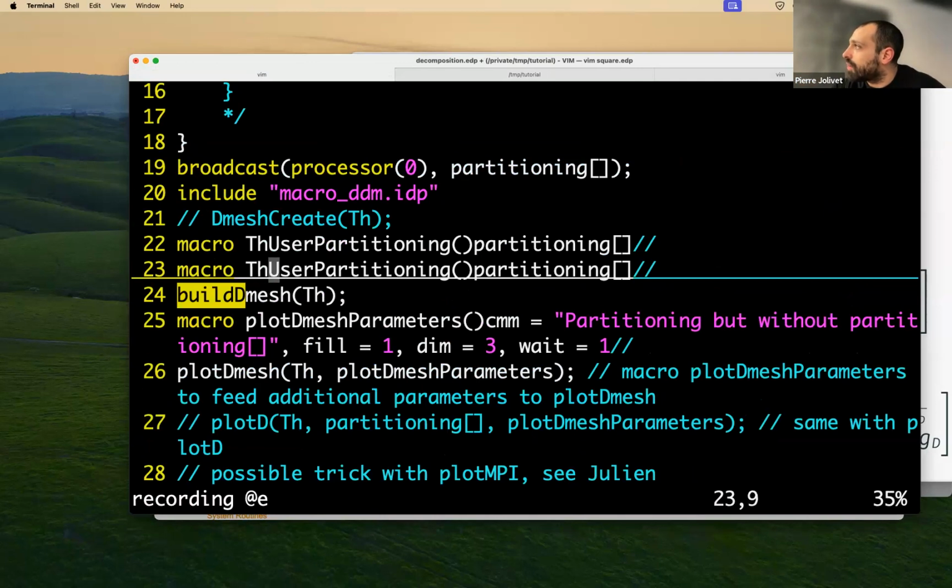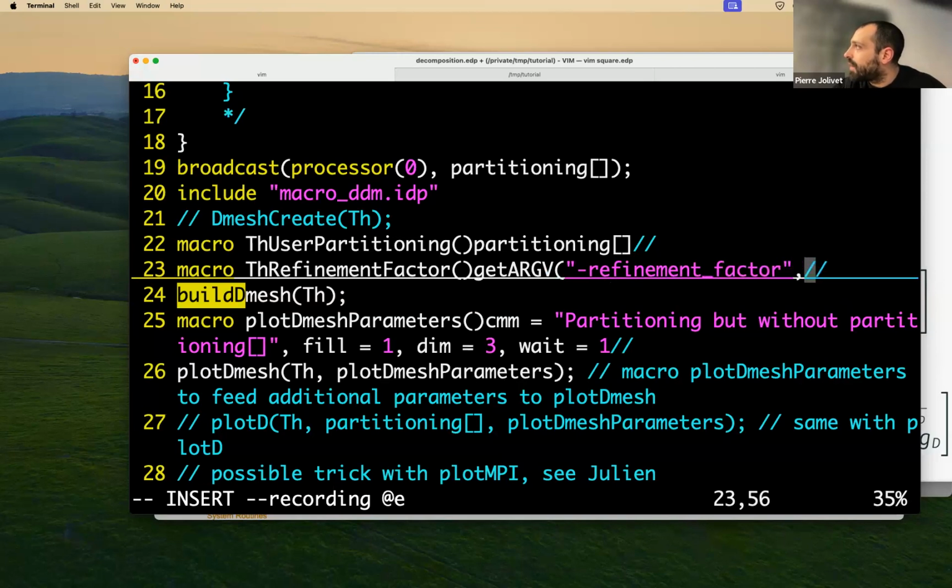Actually, I'm not sure it works with a user-defined partitioning, but we will just try. And so the parameter is refinement factor. Then you can do something like getARGV refinement factor, and let's say by default we don't want to do any sort of uniform mesh refinement.